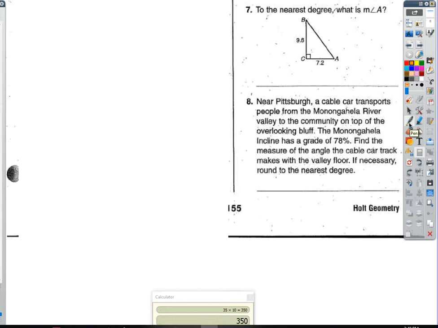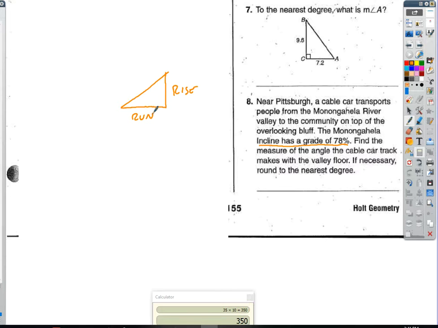So we know that the incline has a grade of 78%. That is very, very steep. And to remind you, when we're finding the grade of a hill, we are looking at the rise over the run. We're looking for that proportion.